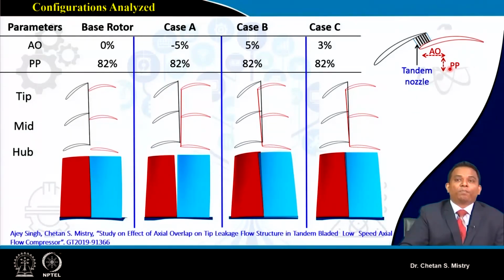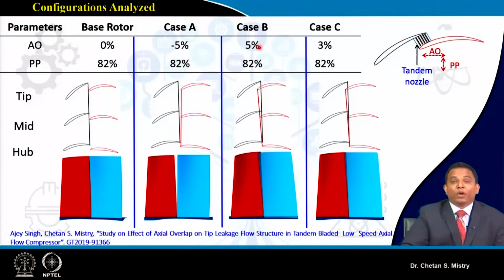For design purposes, we have taken our percentage pitch to be 82% and we have varied the axial overlap from 0% to 5%. The leading edge and trailing edge are arranged in line for 0% axial overlap. When I move my rear blade away from the trailing edge near the tip region, that's what we have defined as -5%.